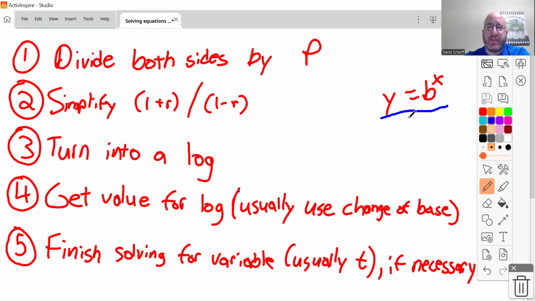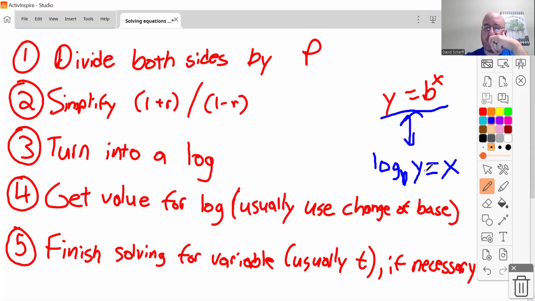After these first 2 steps, when we get this, then we can still do the relationship. You do it up and down or side to side. Let's see how I can make this work because I don't have my little board thing in my pen. Log base b of y equals x.